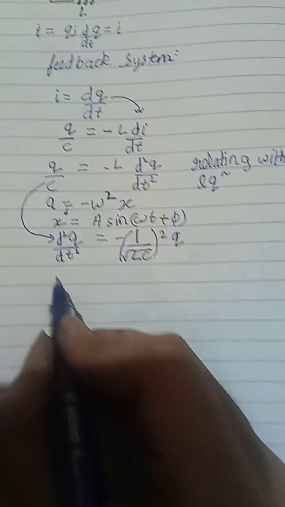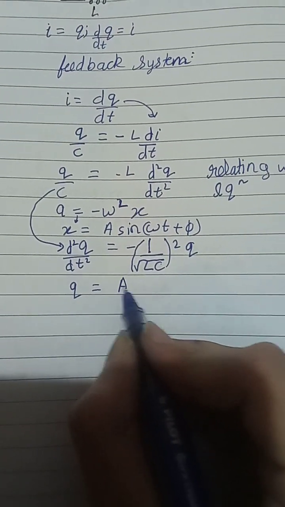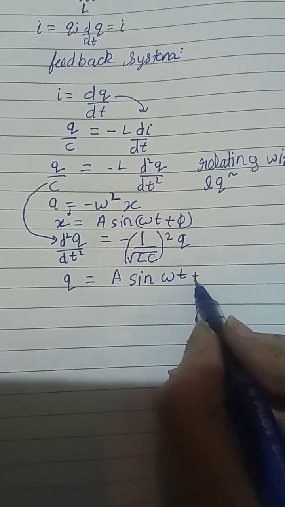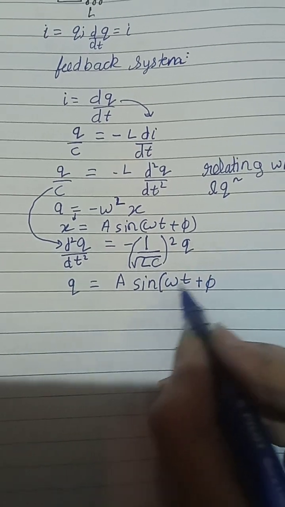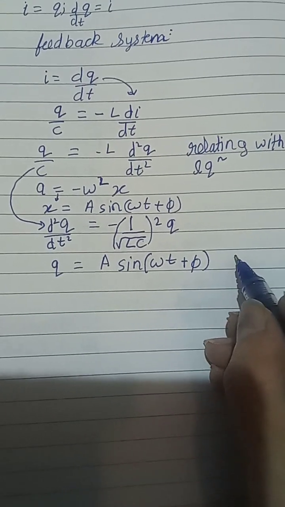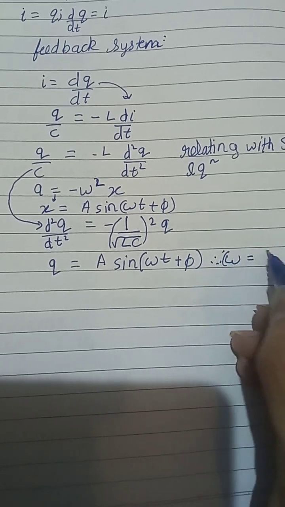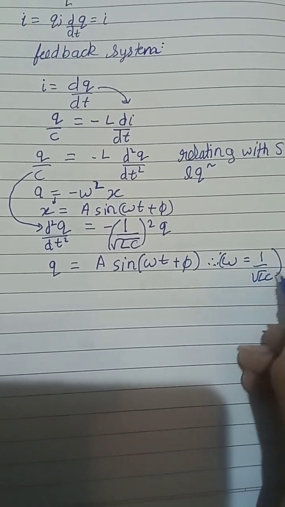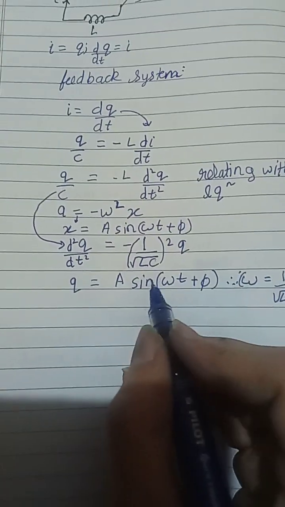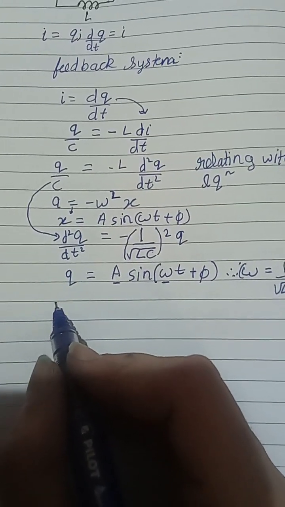Now we have everything, we just need to generalize, which is q equals A sine omega t plus phi, and this is our equation where omega equals 1 by root LC. Now to find the values of A and phi, we'll need to solve this.